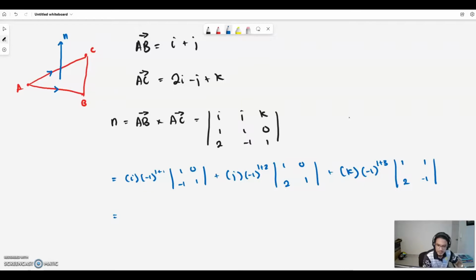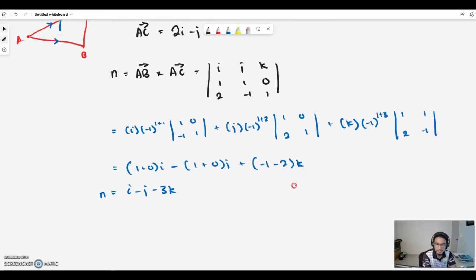So our answer will be (1 plus 0)i minus (1 plus 0)j plus (negative 1 minus 2)k, and that is i minus j minus 3k. So this is the vector N that is perpendicular to our plane.